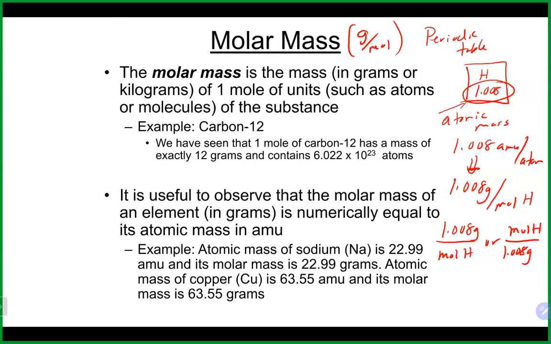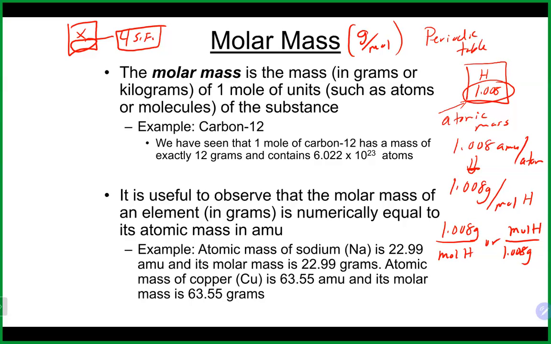Typically, we go about 4 significant figures off the periodic table. So depending on your periodic table, you may have more numbers, less numbers, whatever it may be. But typically when you take that number off the periodic table, 4 significant figures is basically what you want to take off. So if you look up there for sodium, you'll see 22.99 grams per mole. Like under copper, you'll see 63.55 grams per mole.